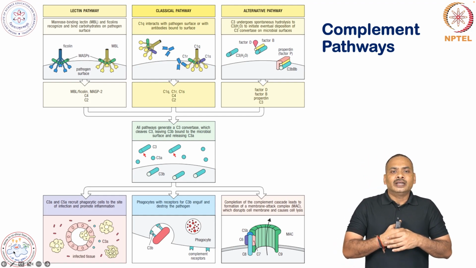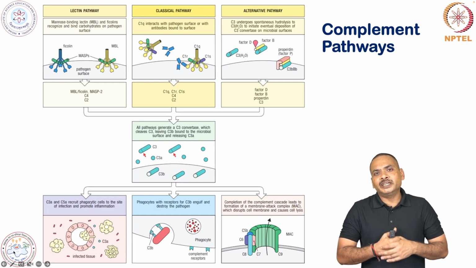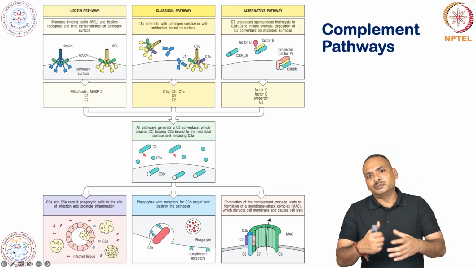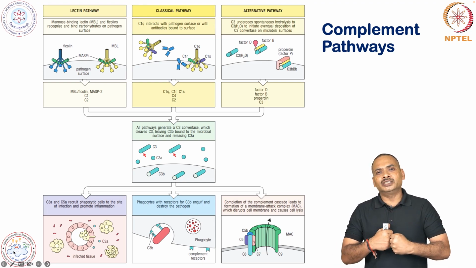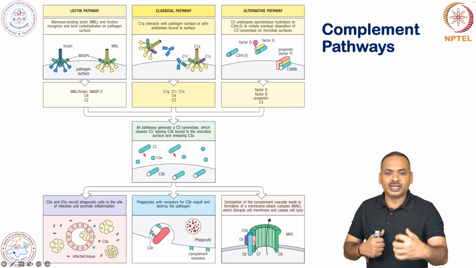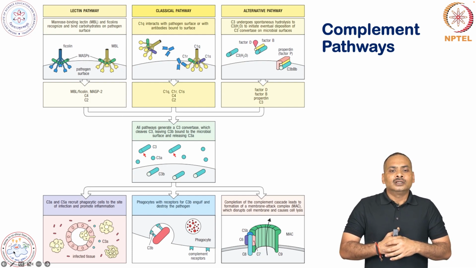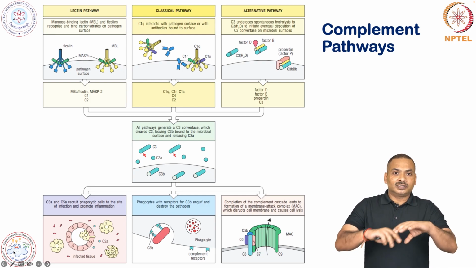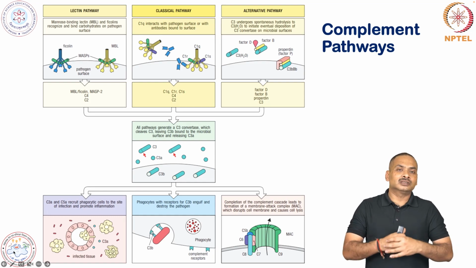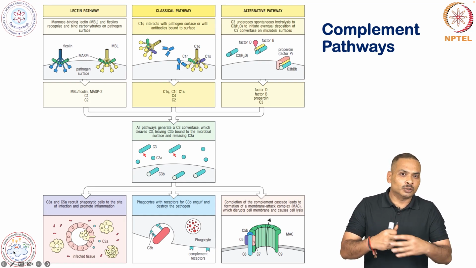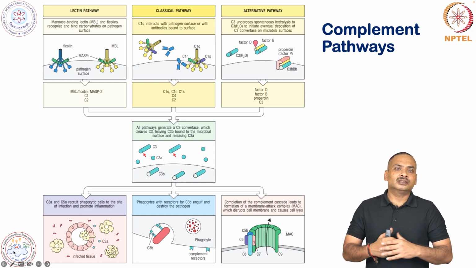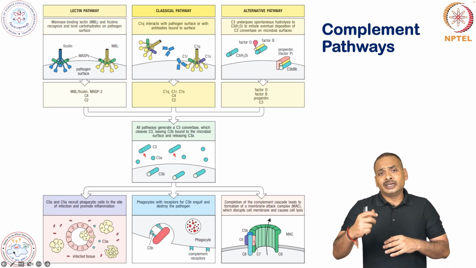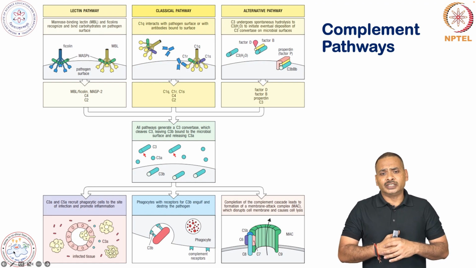And if the microbial pathogen is coated with C3b, as I have explained, it will be readily phagocytosed. We call this opsonization. Opsonization is the process of coating the target microbial pathogen with C3b, after which it is phagocytosed.